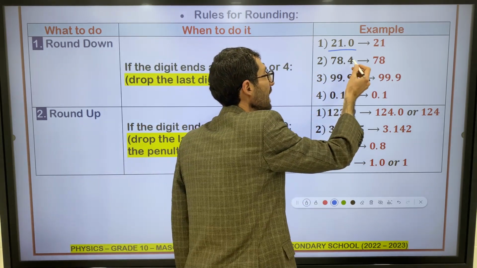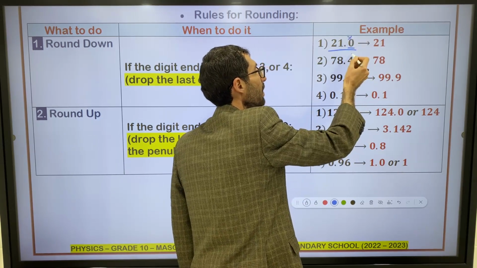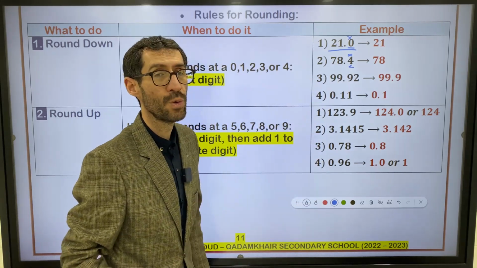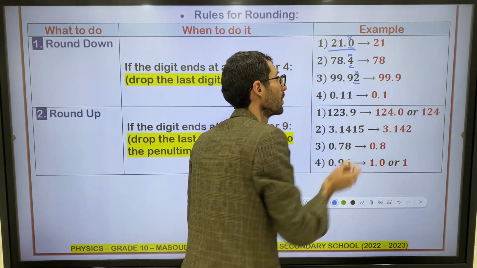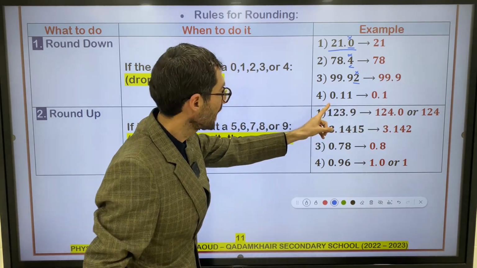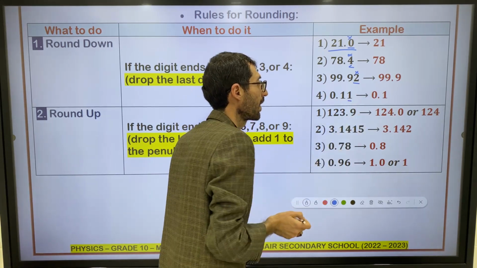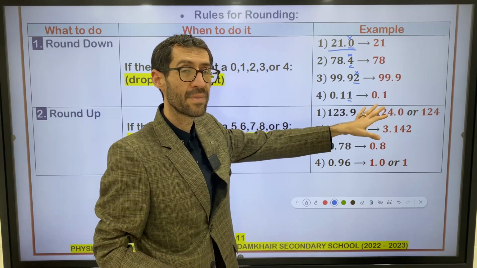It ends at 4. Just drop the 4. It will be 78. 99.92. It ends at 2. Just drop the 2. It will be 99.9. And this one, 0.11, the number ends with 1. Just drop the 1. And it will be 0.1, right?